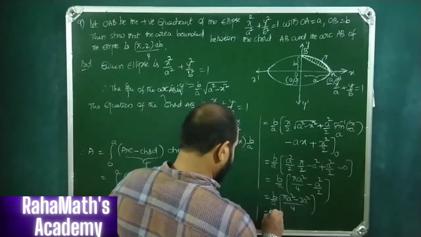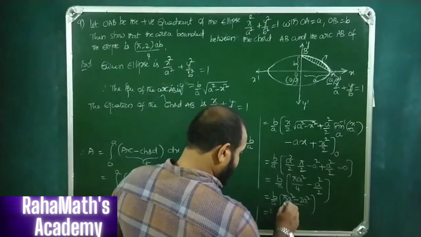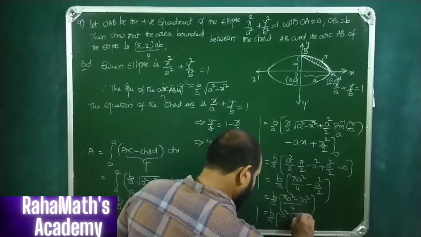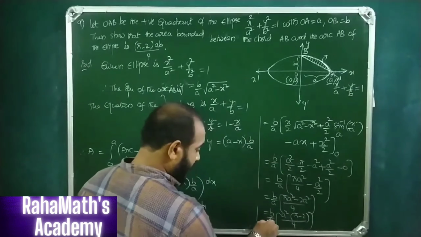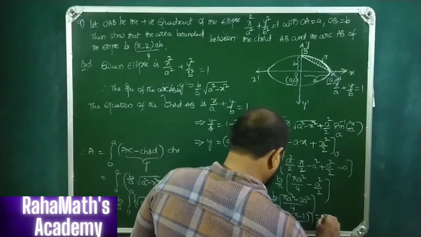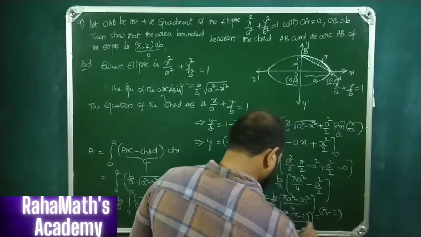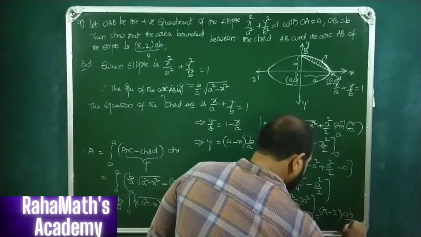That implies b by a, take a square in common, then this is pi minus 2 by 4. This is equal to, a gets cancelled. This is what we need to get. So pi minus 2 ab by 4.